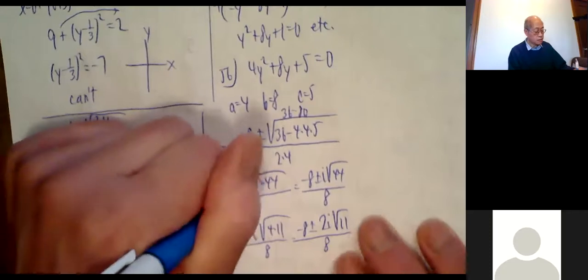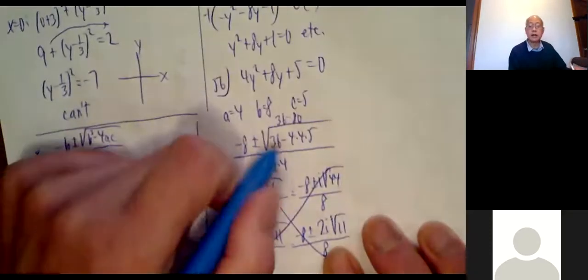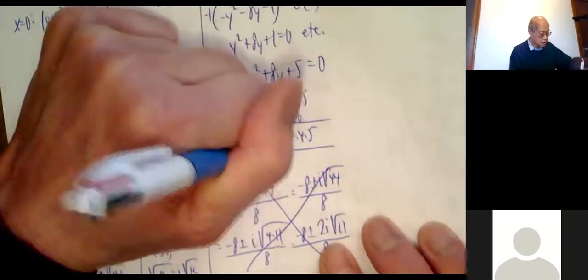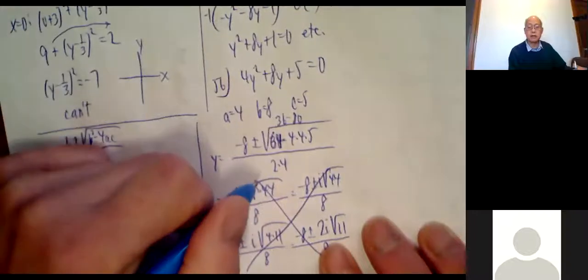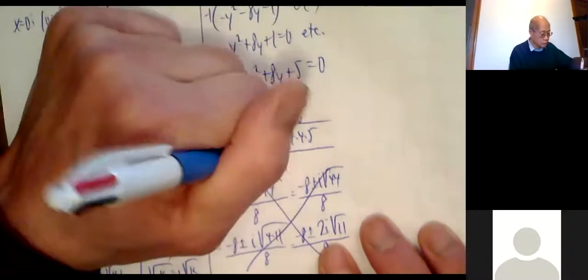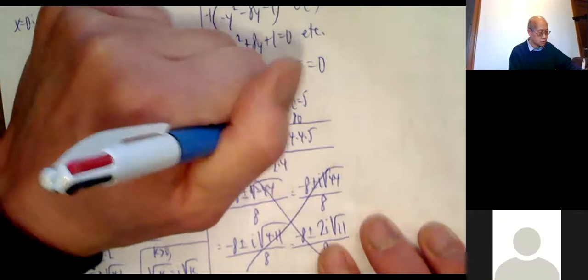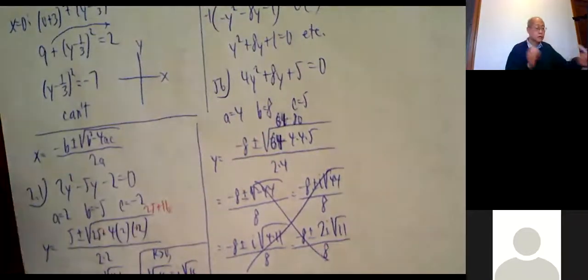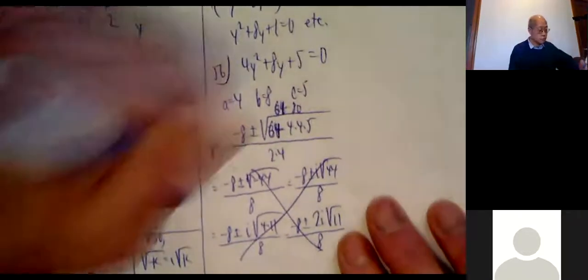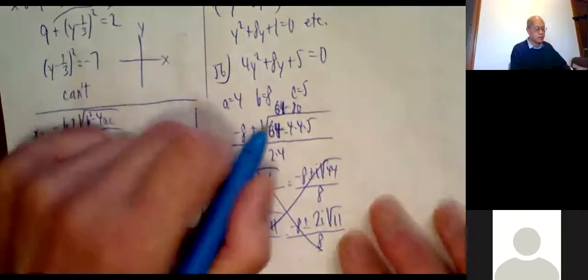Okay, so this is all bad. 64. Actually, that makes the problem easier. Thank you. So 64 minus 80 is negative 16. Ah, I like that better.